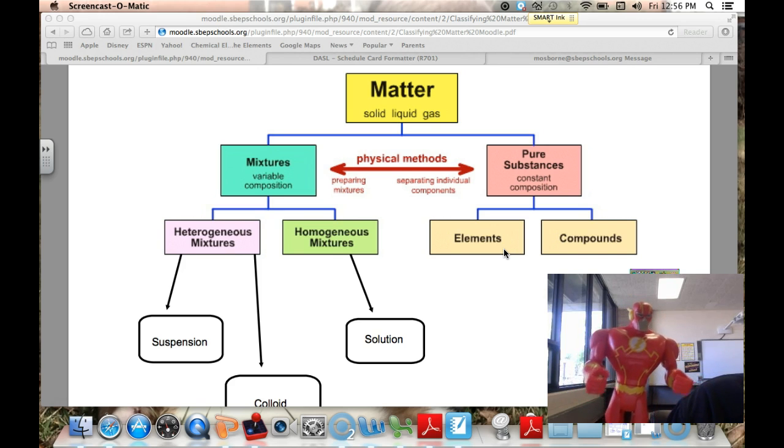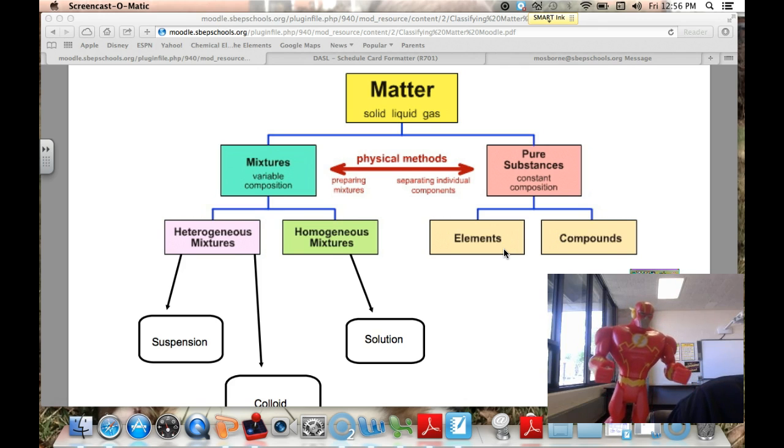Compounds are when you have two or more elements chemically combined, like water, which is hydrogen and oxygen. Every part of water is hydrogen and oxygen. Sugar is carbon, hydrogen, and oxygen. All parts of sugar are that. So that's the difference between pure substances for elements and compounds.